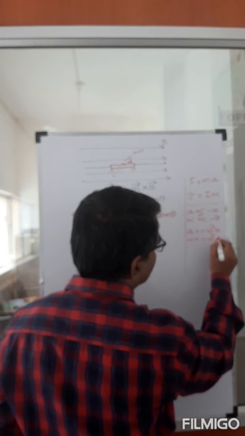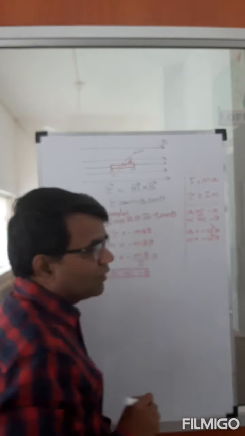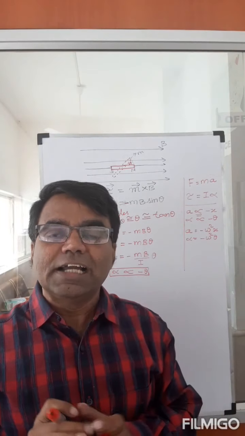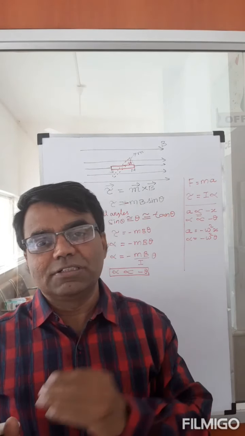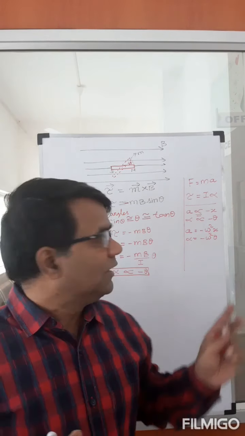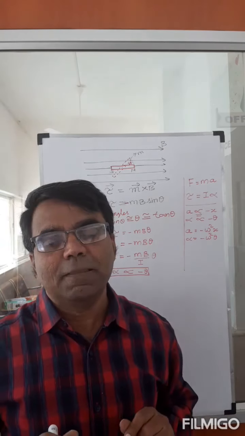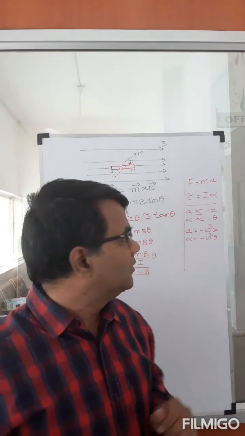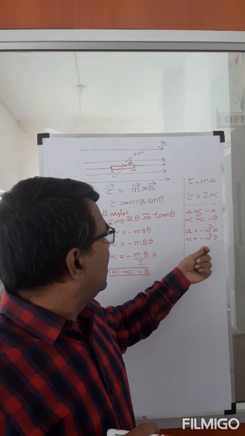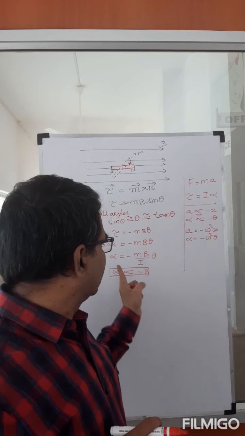And so here, alpha is equal to minus omega squared theta, where omega is the angular frequency, which is 2 pi f. So I can make use of this expression here.